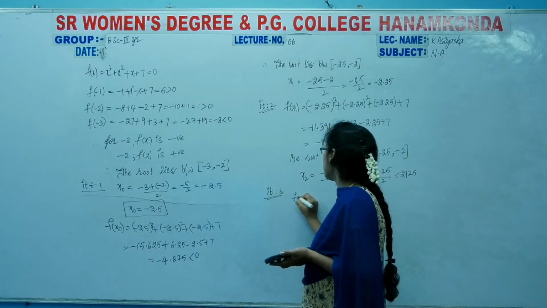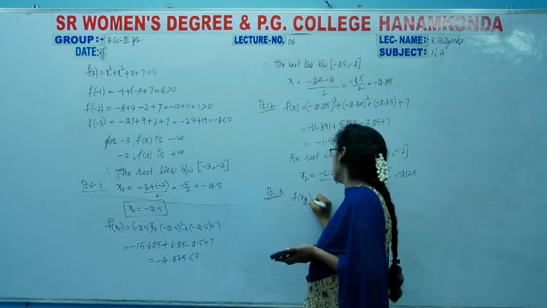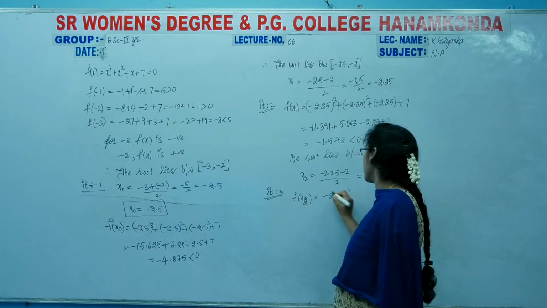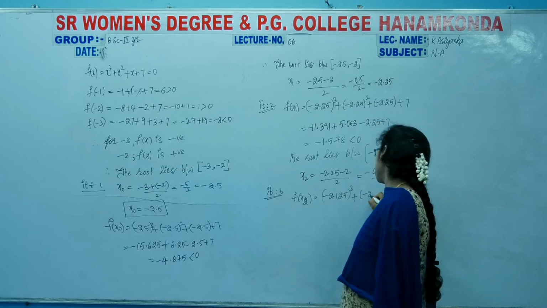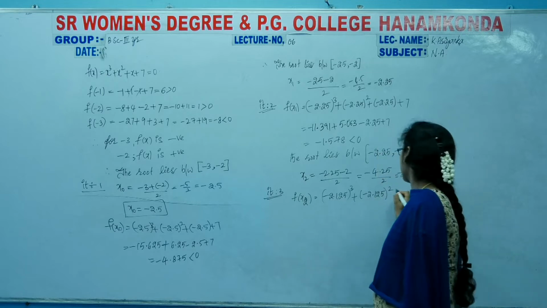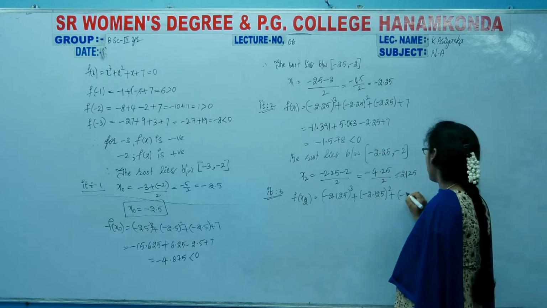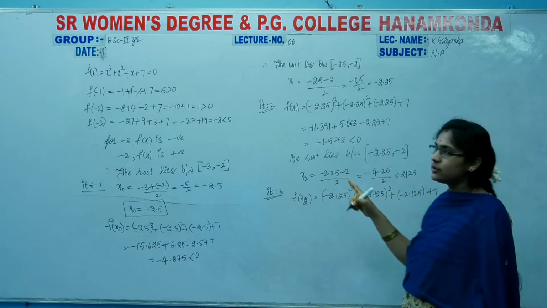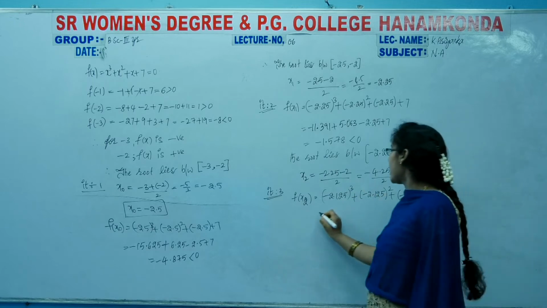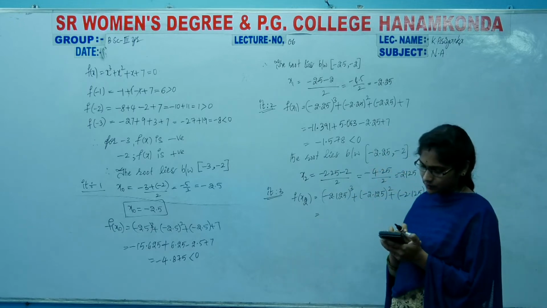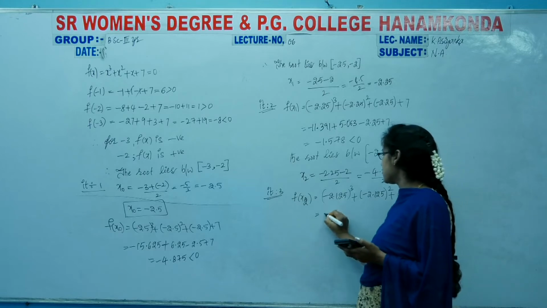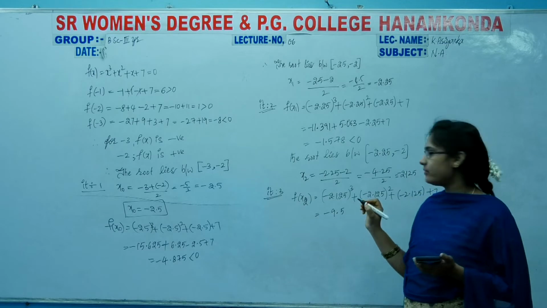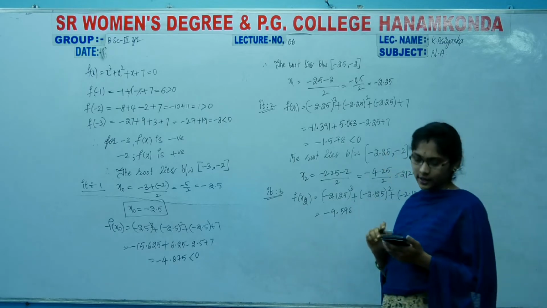So in iteration number 3, what we have to do is f of x2. Now we have to substitute minus 2.125 whole cube plus minus 2.125 whole square plus minus 2.125 plus 7. Simply I substituted this value in the given function. So what will I get? Whole cube, that is minus 9.5957, so I am taking 596.